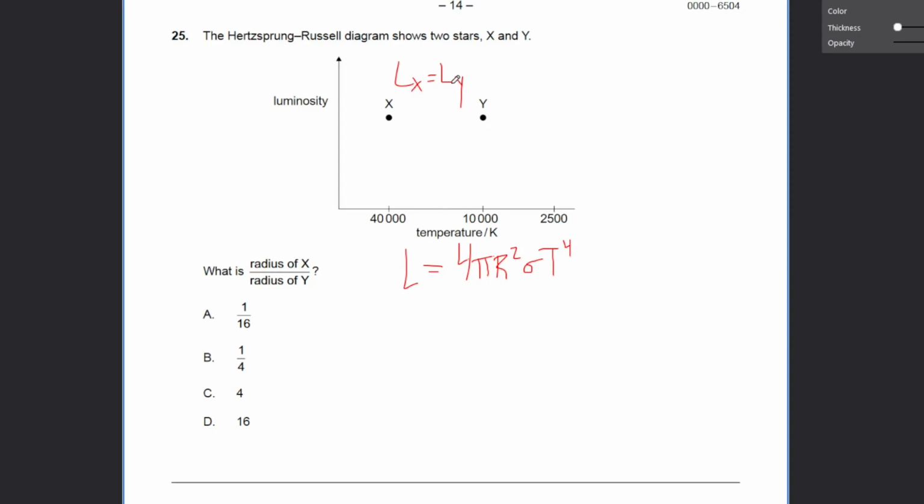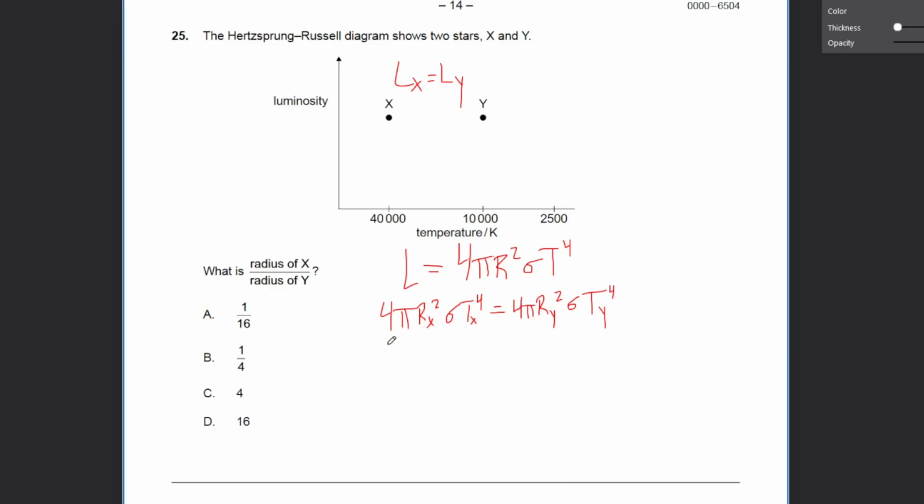Well, since L of X is equal to L of Y, we can say that 4 pi r sub x squared times the constant times T sub x to the power of 4 is equal to 4 pi r sub y squared times the constant times T sub y to the power of 4.